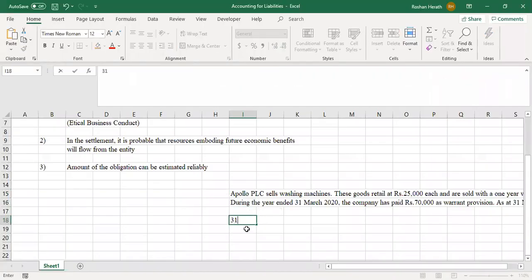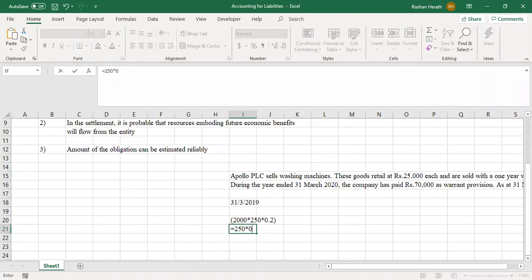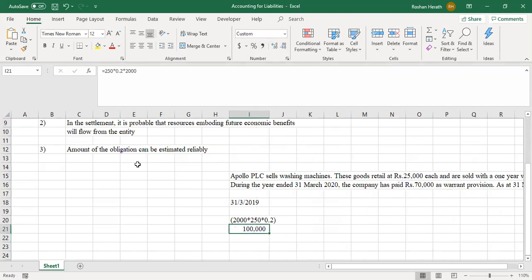Of the 250 sold, you expect only 20% to require repair, which is 50 machines. Each would cost you 2,000, so you need to make a provision for 100,000.